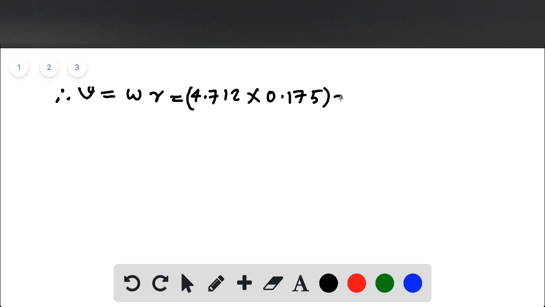The velocity is going to be in meters per second, so this is going to be 0.825 meters per second. Now we know the velocity and we know the radius of the wheel, so we can get the acceleration from here.